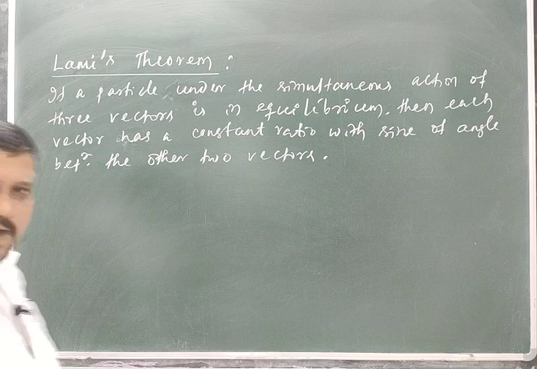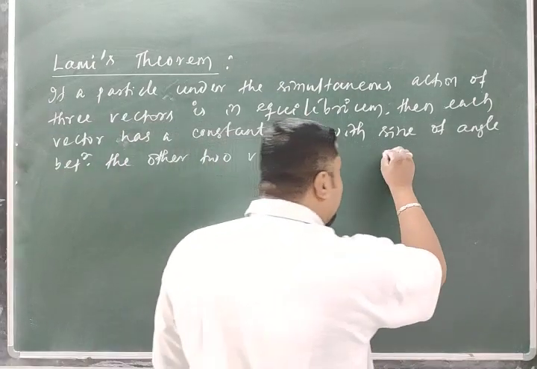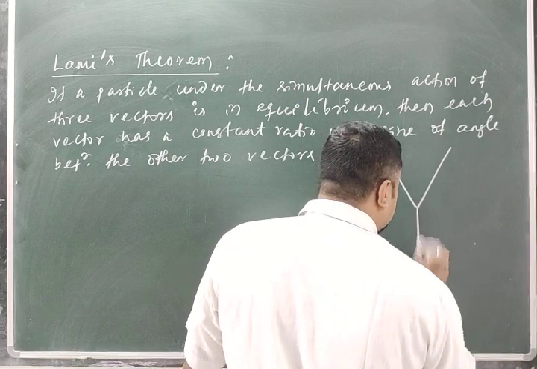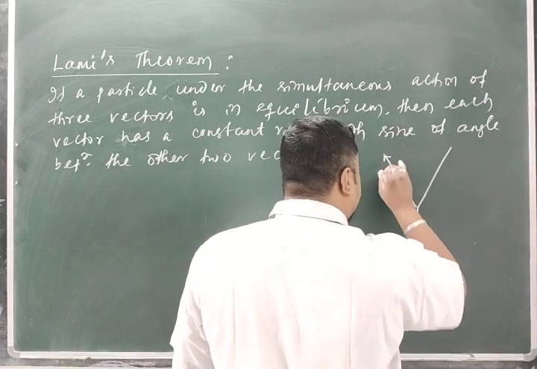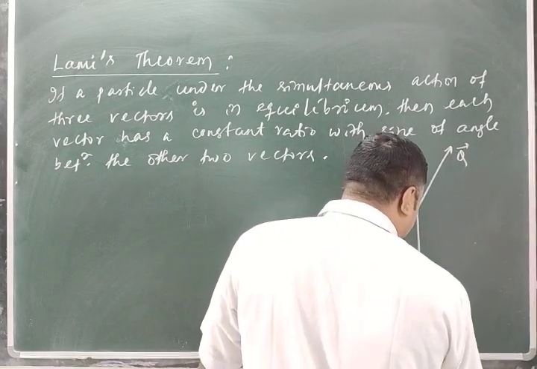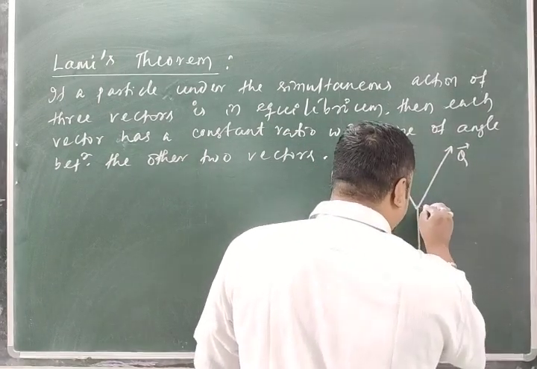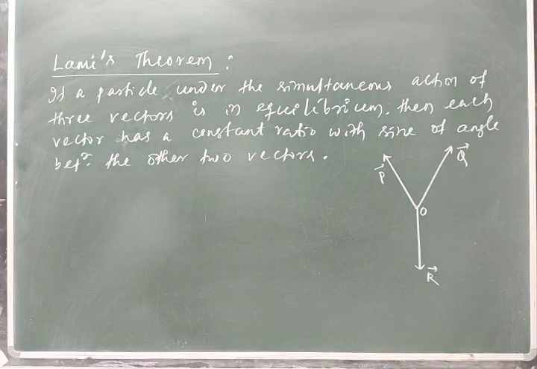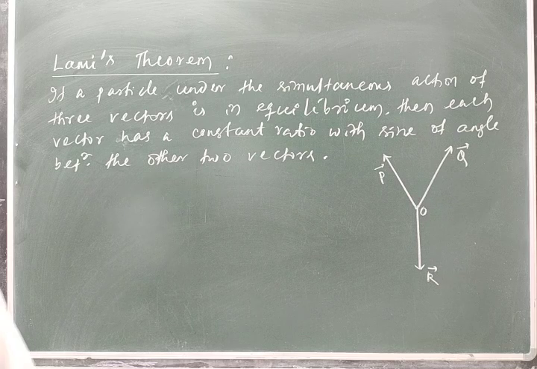Now let me show how we can show this one. Let us consider the three vectors like this. Let P be a vector, Q another vector, and R another vector acting on the particle at O. Is that clear?